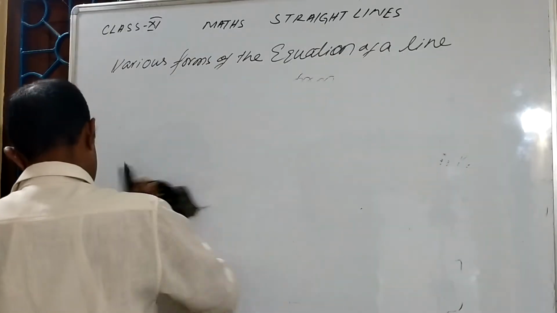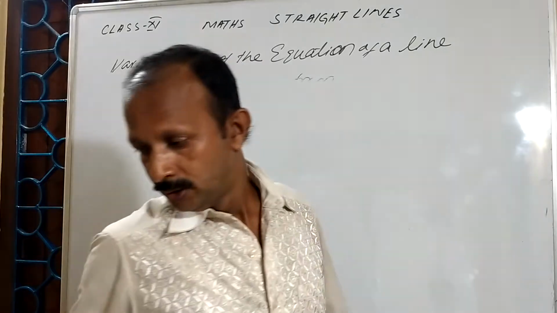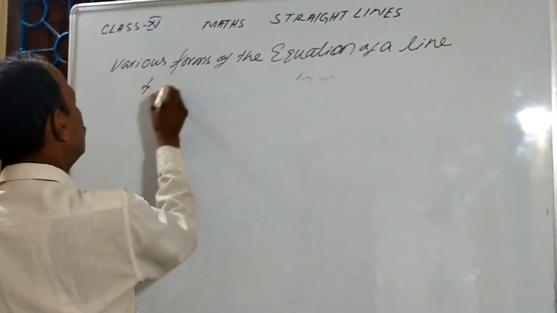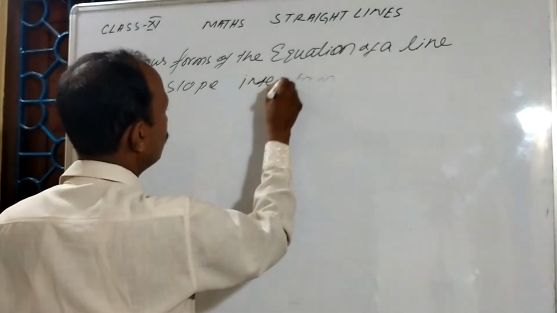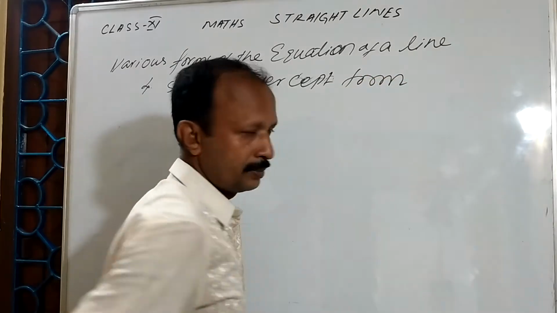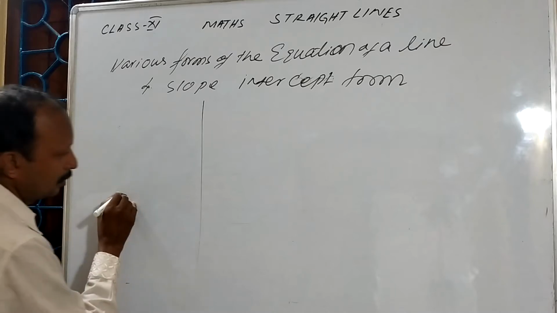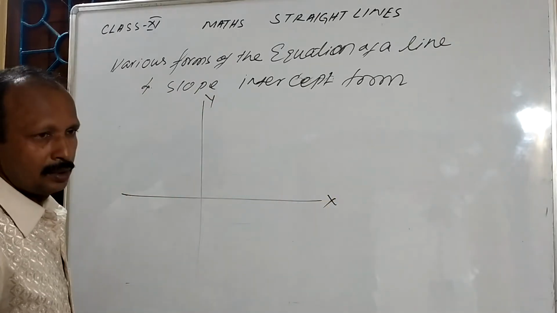Fourth one, slope intercept form. Slope intercept form. That means this is the x-axis, this is the y-axis.